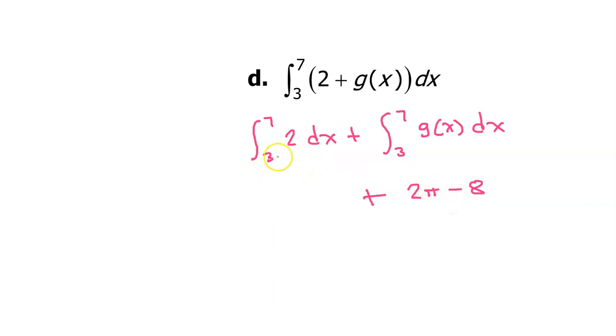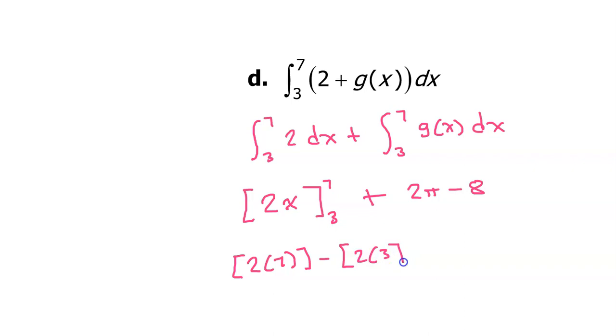So we really just need to evaluate this. However, we know the integral of 2 is 2x. We just need to evaluate using the limits of integration, 3 to 7. This means we're going to evaluate at 7 and then subtract the value at 3. So we're going to do 2 times 7 minus 2 times 3.